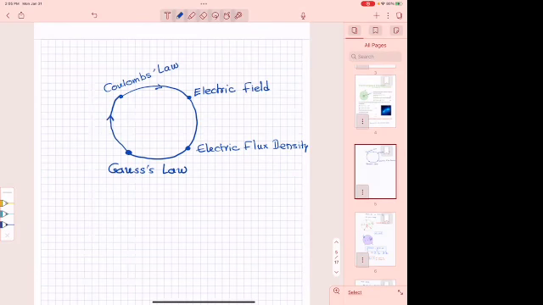Now, this is one way of introducing the field, from Coulomb's law, like this, counterclockwise, as we call it. Clockwise, rather. Okay. There is another way of introducing the same concepts. You can start from Coulomb's law, or you can start from Gauss's law, whatever.